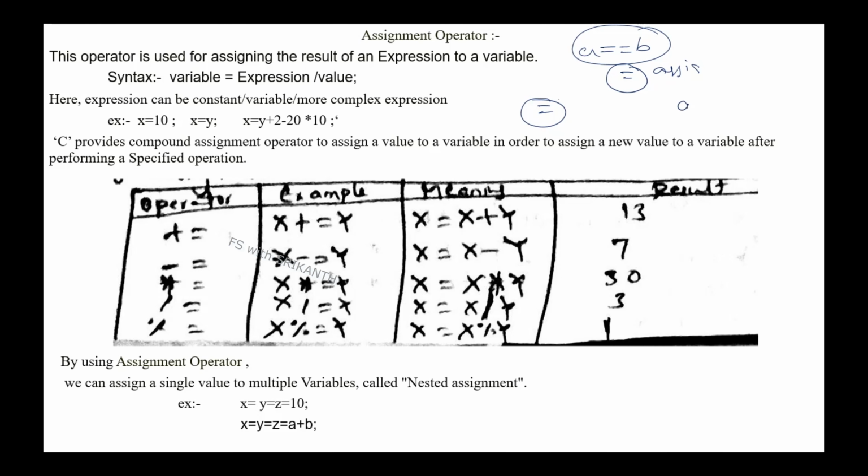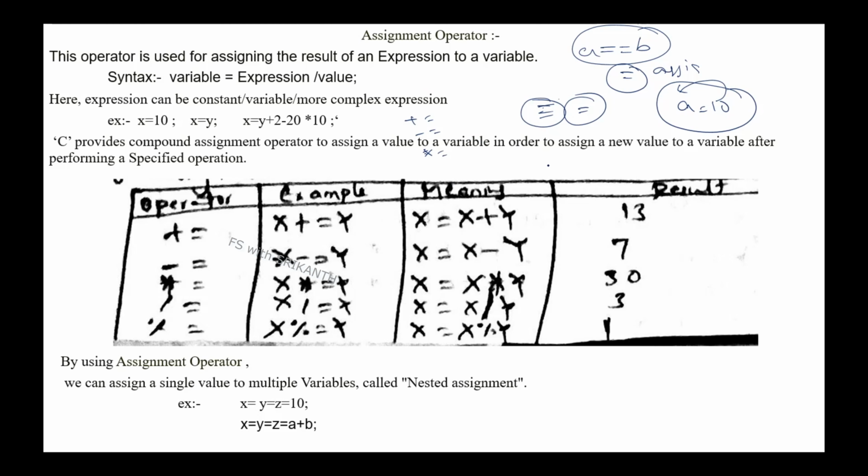Assign means A equal 10: 10 is assigned to A. With the help of this equal notation, we assign the value to the variable, right or not? But in the assignment operator, there are plenty of different types: plus equal, minus equal, into equal. That expression is different.